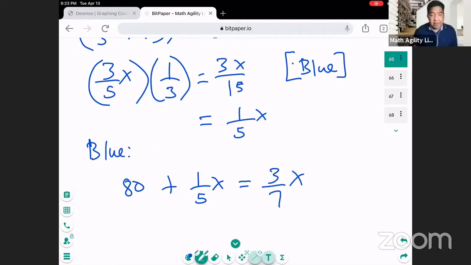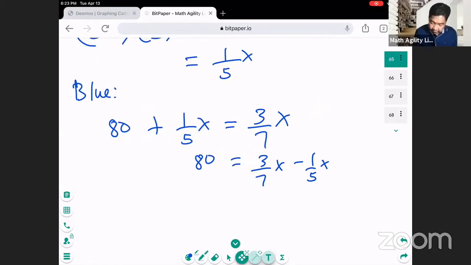Now we can see from this equation that we can actually solve for x. So 3/7 of x minus 1/5 of x is 80.